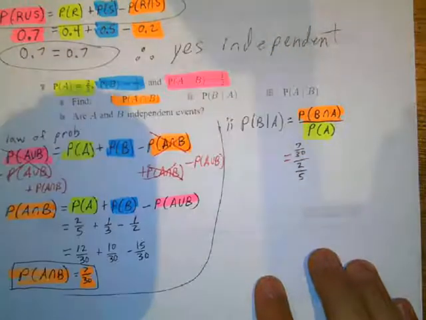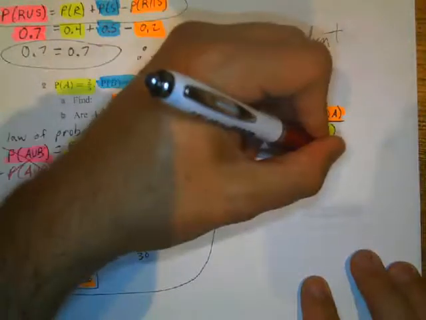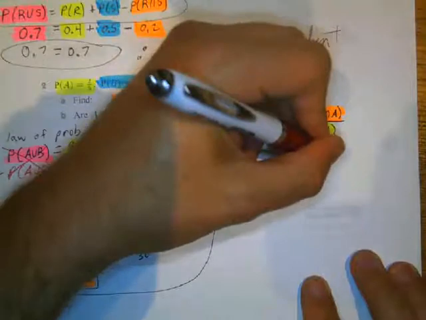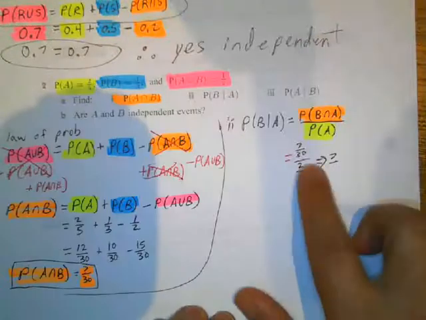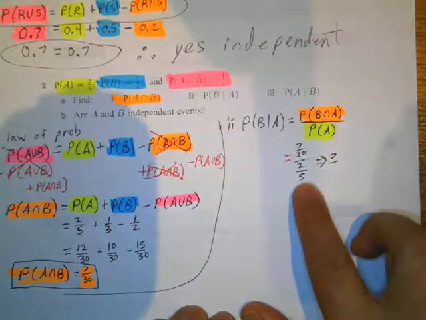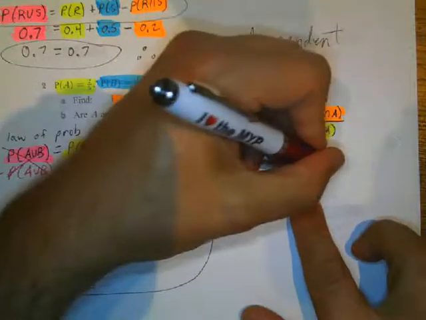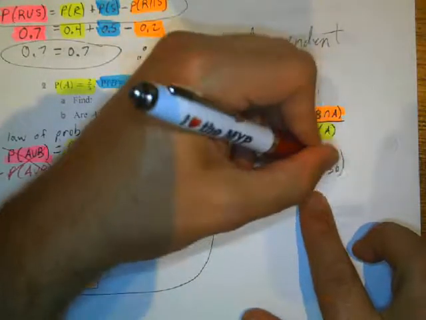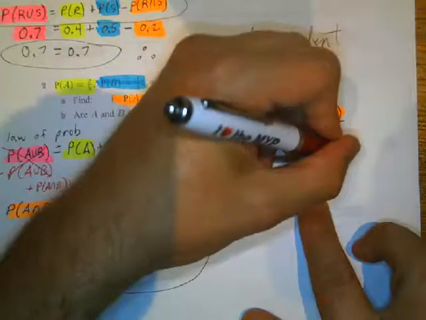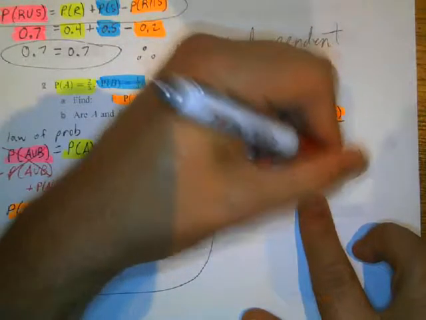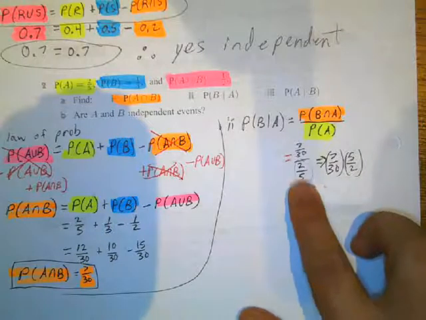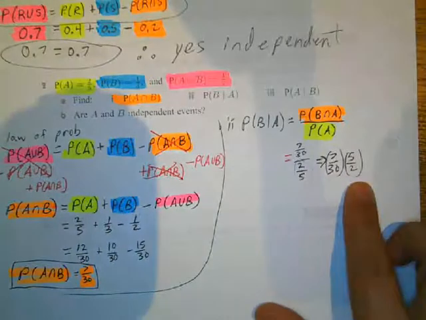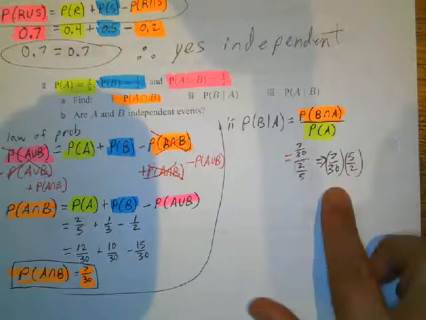Now, we have a fraction divided by a fraction. So in middle school, you might remember that we can change the division to multiplication by multiplying by the reciprocal of the 2/5. So I'm going to have 7 over 30 times 5 over 2. So I took the reciprocal of the 2/5 and changed this division into multiplication.